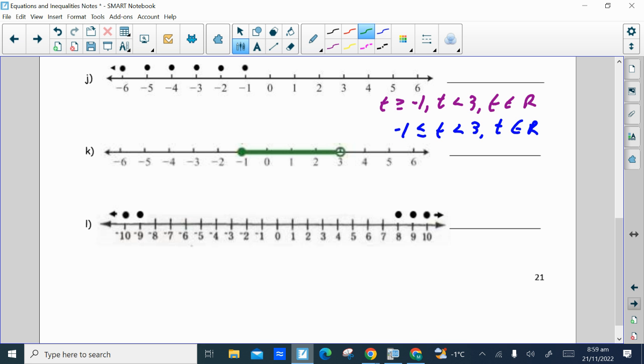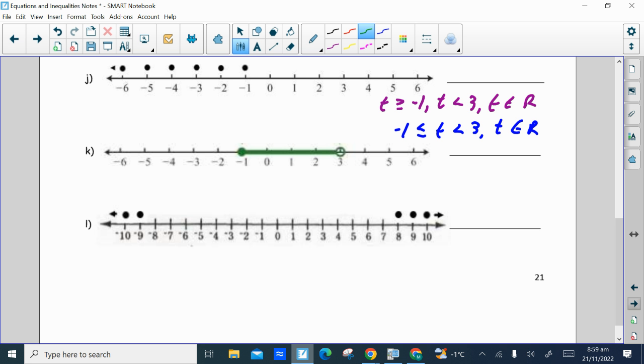What about the last one, Hannah? Yeah, you do. So you see dots, so what does that tell you? When you see dots, what number system are we using? Integers, yep.